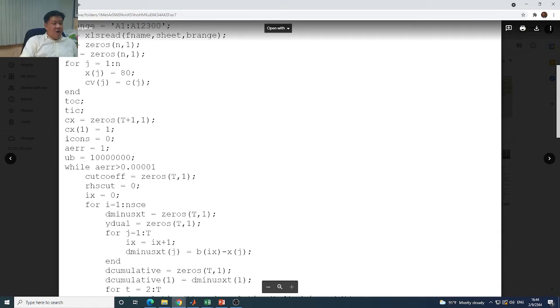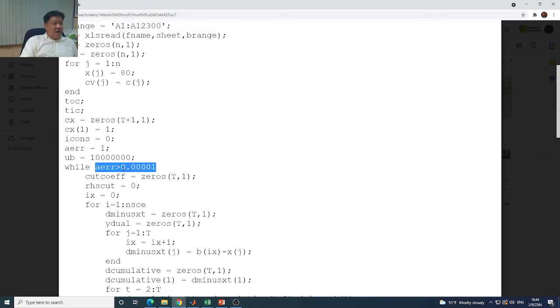ICON counts the number of iterations for the Bender. AERR is the duality gap. We initialize it as 1, and we terminate when AERR is less than or equal to 0.00001, which is around 4 digit precision.